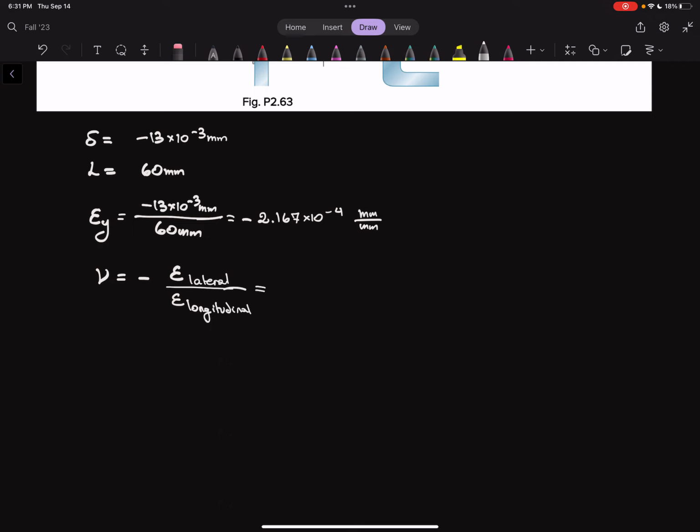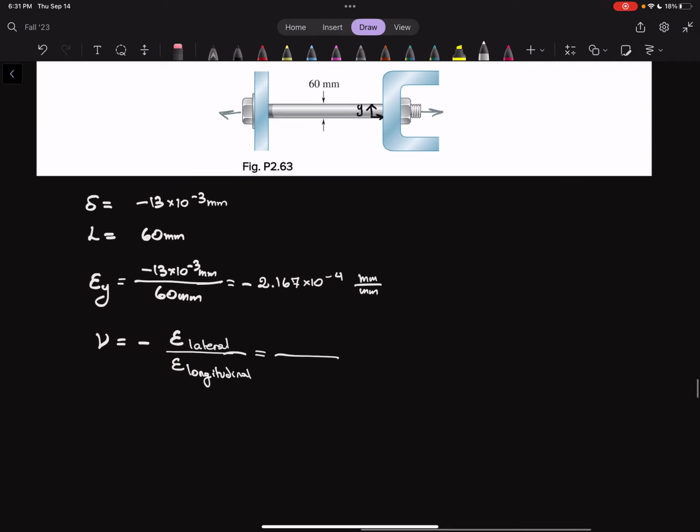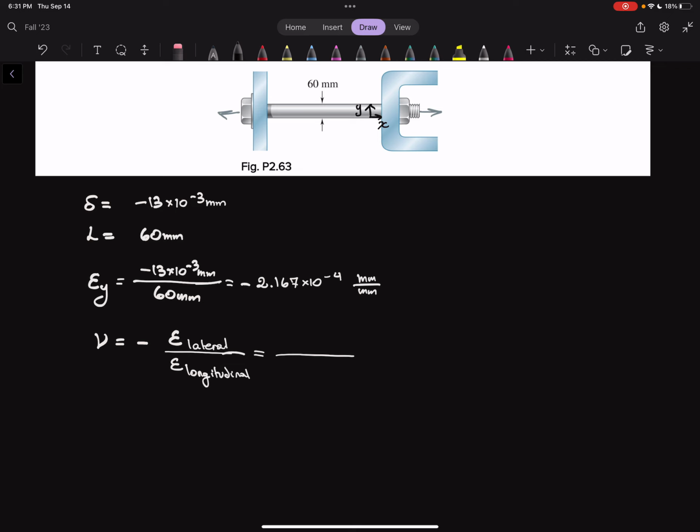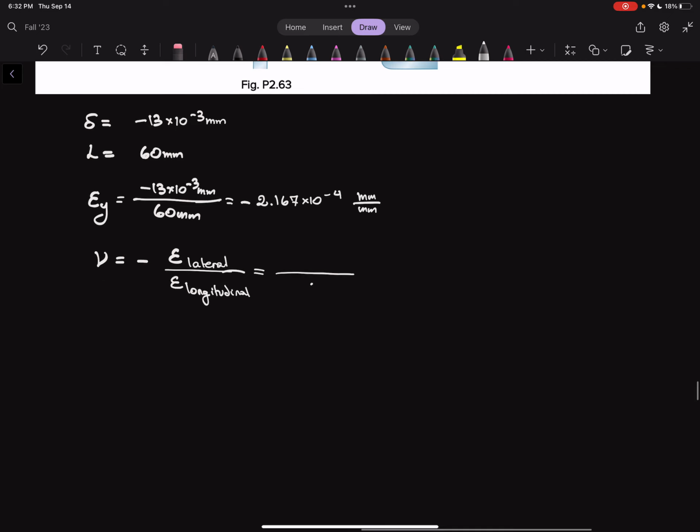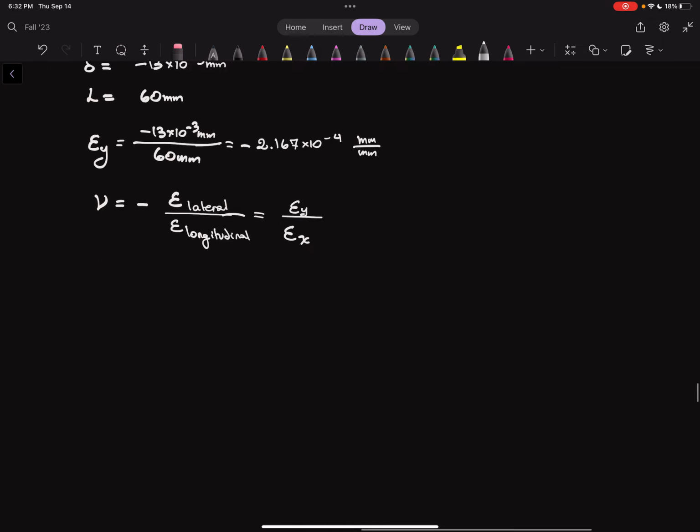The longitudinal is the direction over which the force is applied, and in this case, it's along the x-axis. So this is epsilon x, and this is epsilon y. Now we have epsilon y and we have nu, so we can solve for epsilon x.